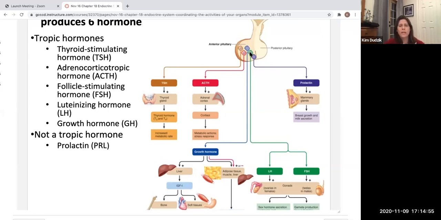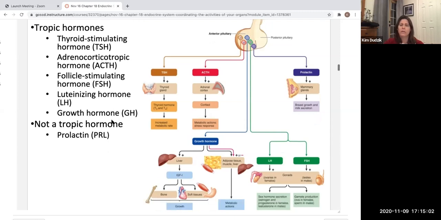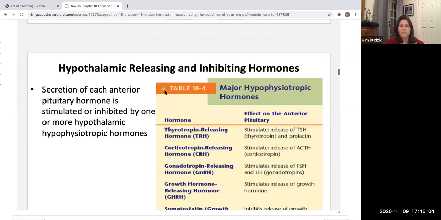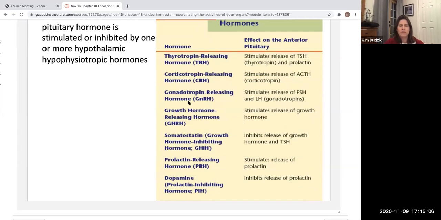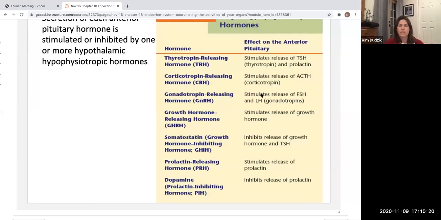So in order for the anterior pituitary to get the signal to release follicle stimulating hormone and luteinizing hormone, it gets a signal from the hypothalamus to release gonadotropin releasing hormone. Hypothalamus releases gonadotropin releasing hormone that targets the anterior pituitary, and then the anterior pituitary releases FSH and LH. And those target the ovaries in females and the testes in men.